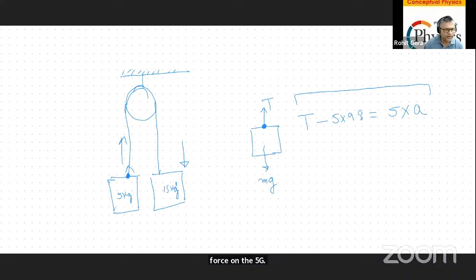Look into the other one. The weight is bigger. The tension is pulling it. It always acts at the edges and is pulling it up.